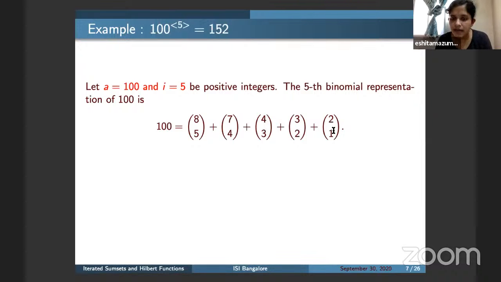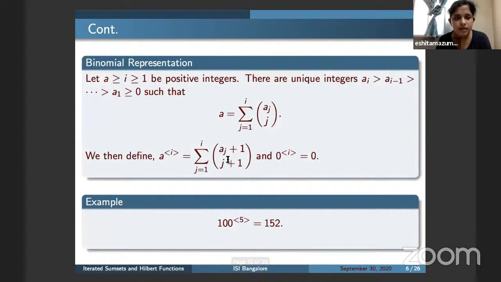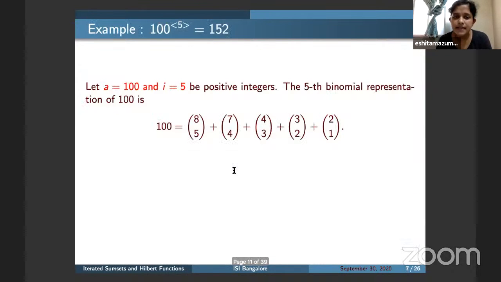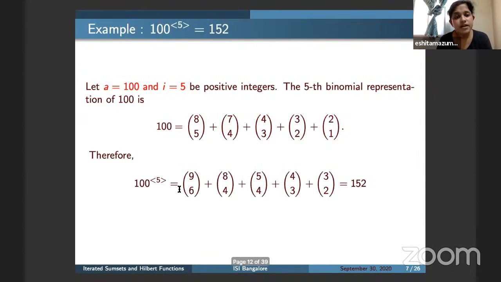Once I have that, using this formula, we can say that 100 power bracket 5 is equal to this quantity, and if we evaluate that, we will have this value to be 152.